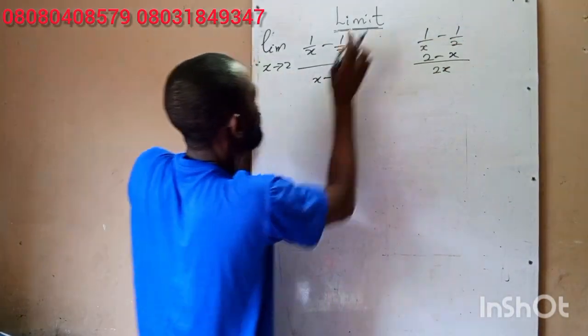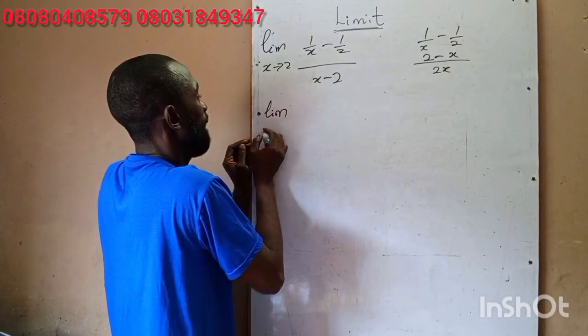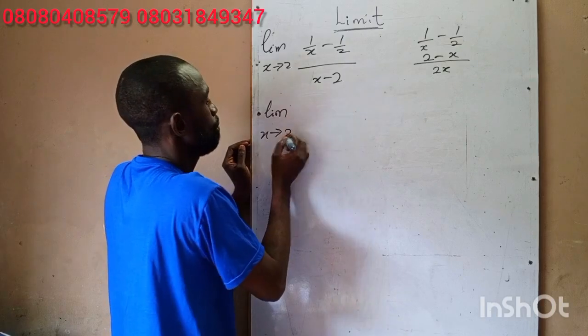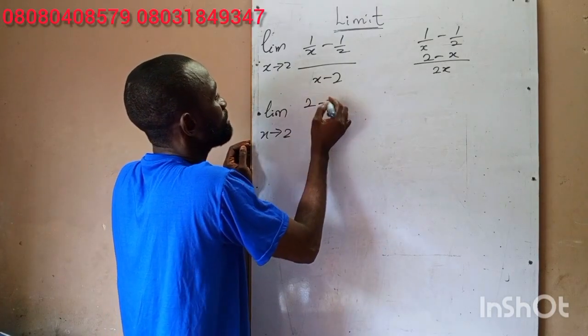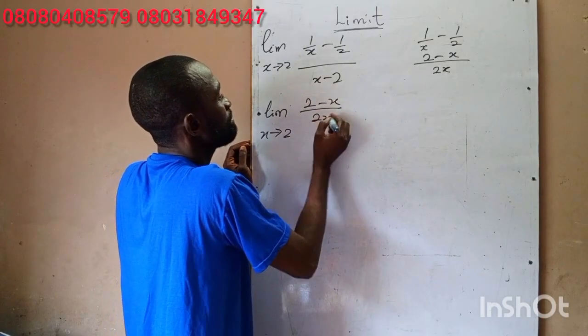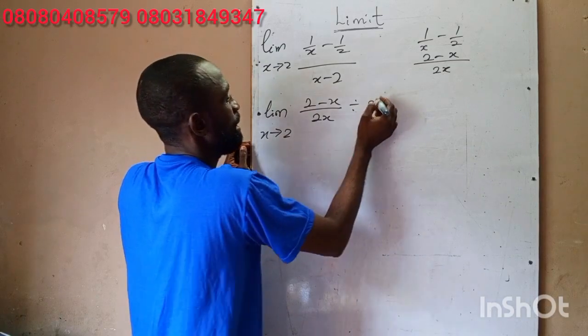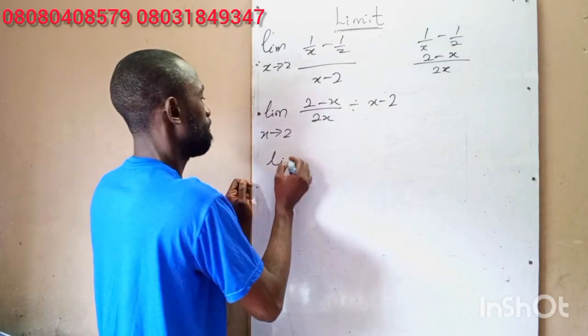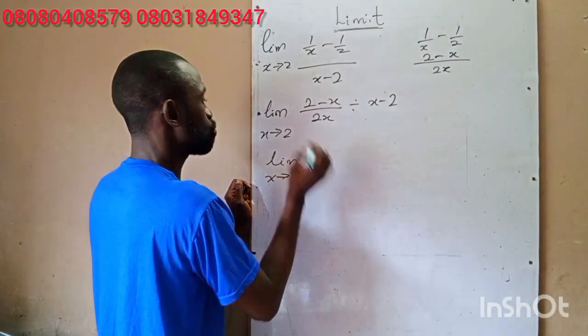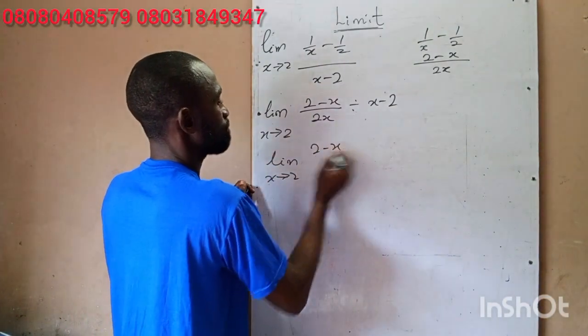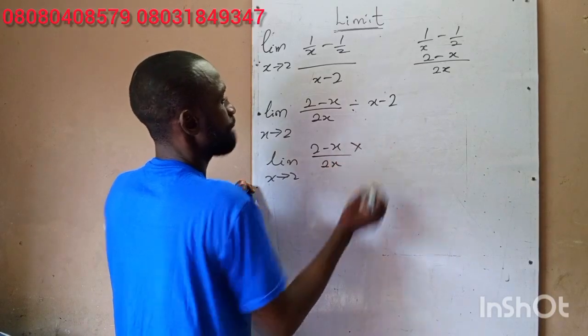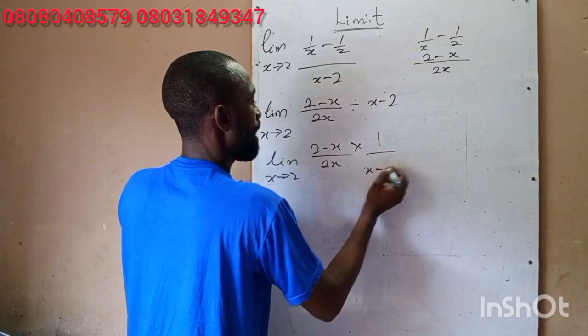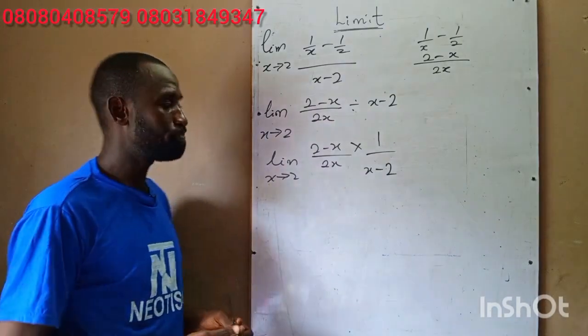So our answer to this one is the lim as x approaches 2 of 2 minus x all over 2x, divided by x minus 2, which is the same as the lim as x approaches 2 of 2 minus x all over 2x times 1 all over s minus 2. Now, what are we going to do here?